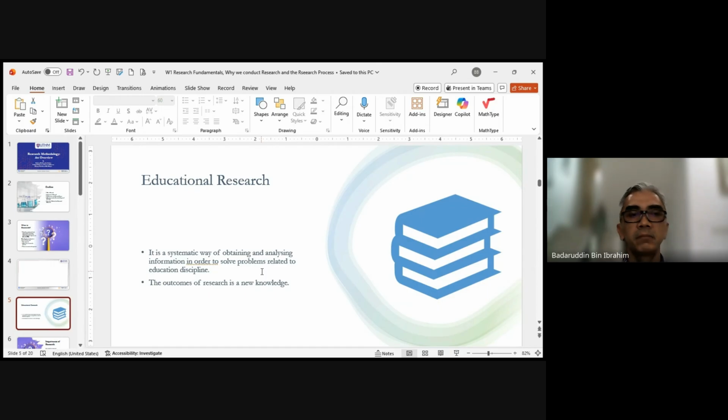As I mentioned earlier, why we conduct research is to solve problems or look for answers. When we focus on education or on social science, it means we try to solve problems related to our community, our social life. In the case of education, of course, we try to solve problems related to the education discipline.